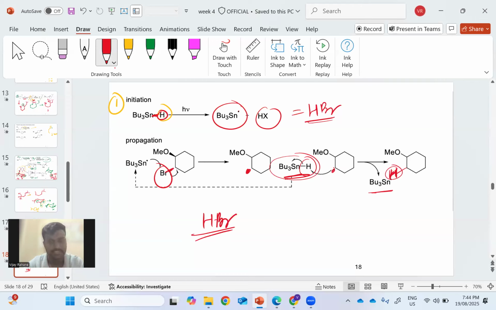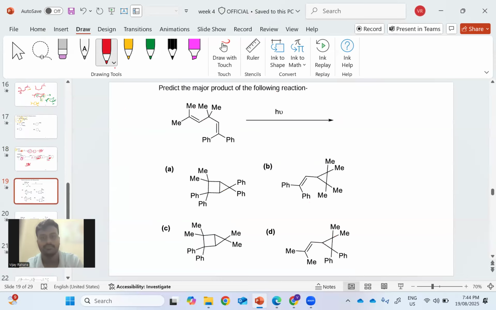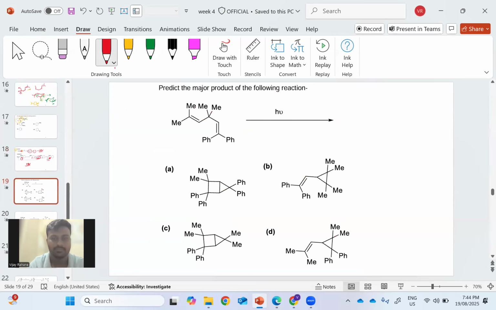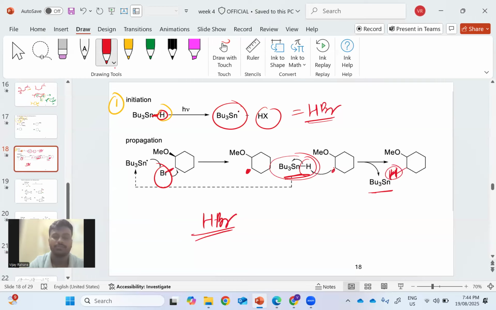So basically we can convert the bromo, or any halo compound, to the corresponding compound, where instead of the C-X bond, we have the C-H bond. So this was some of the reactions based on this radical chemistry.